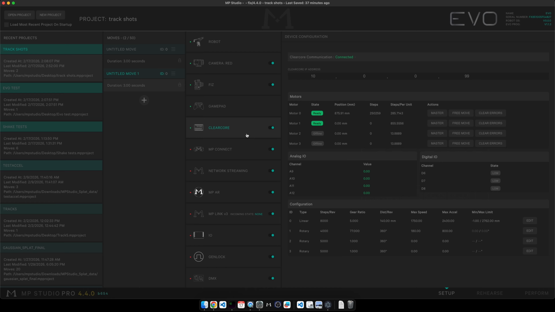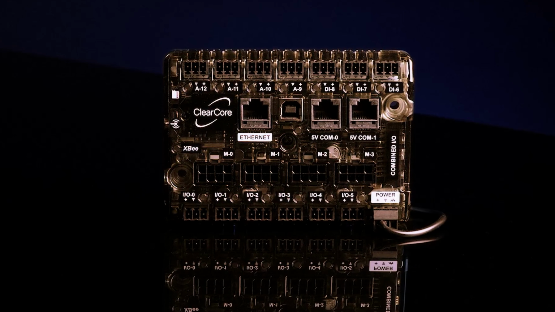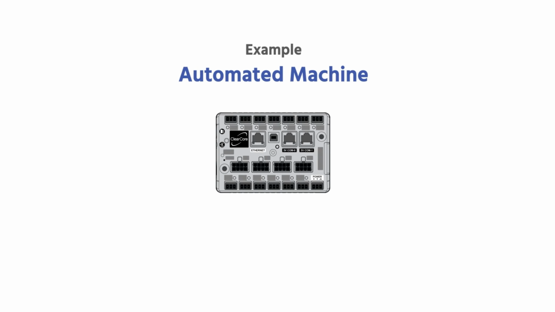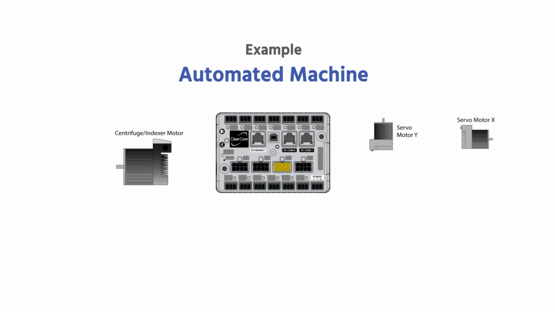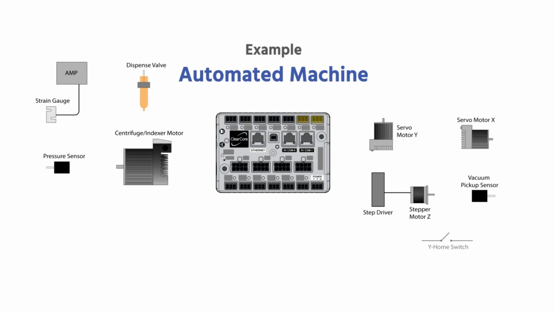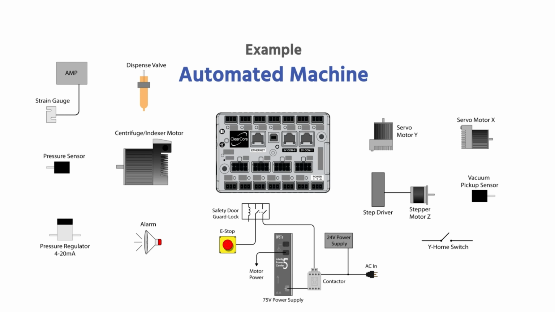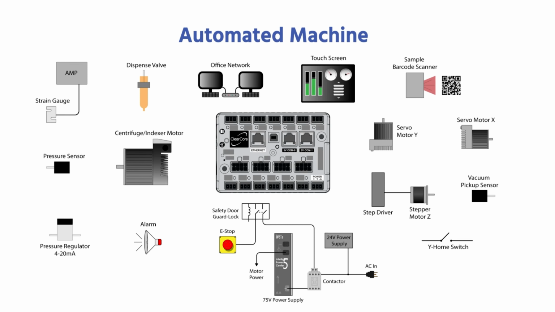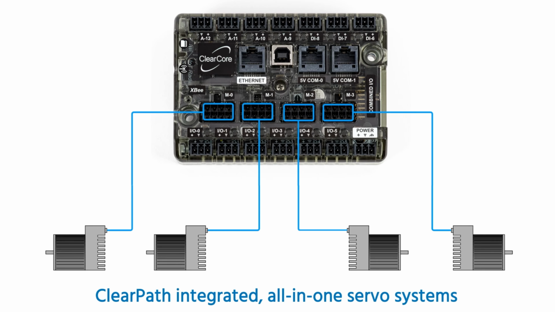So ClearCore is a small device that is put out by a company called Teknic, and it allows us to control up to 4 servo-style stepper motors, as well as provide I/O in a nice industrial quality package.